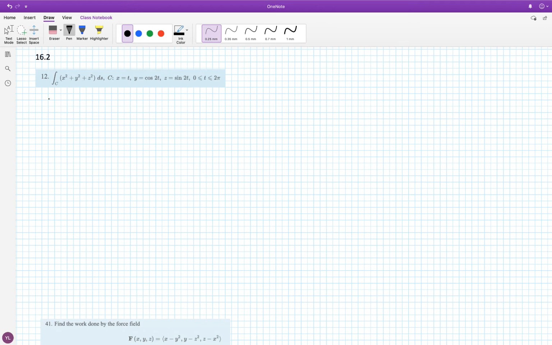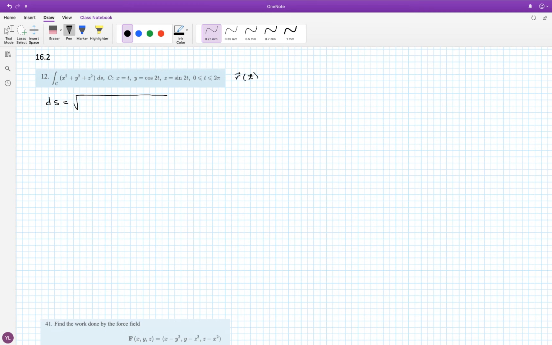and we're going to compute this line integral along it. Okay, so remember that the ds is the differential of arc length. So I take the derivative of the vector function that describes the curve and square the components of that derivative. So let me write this out explicitly.